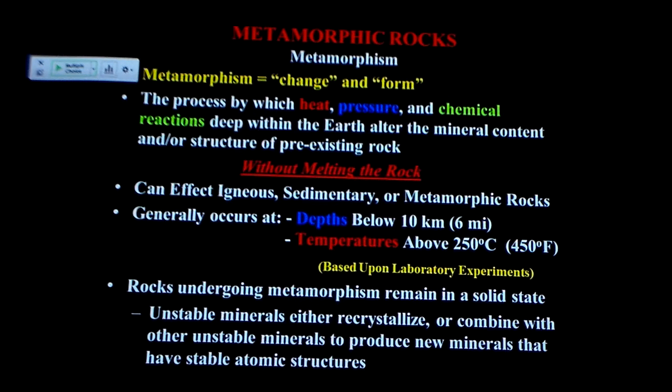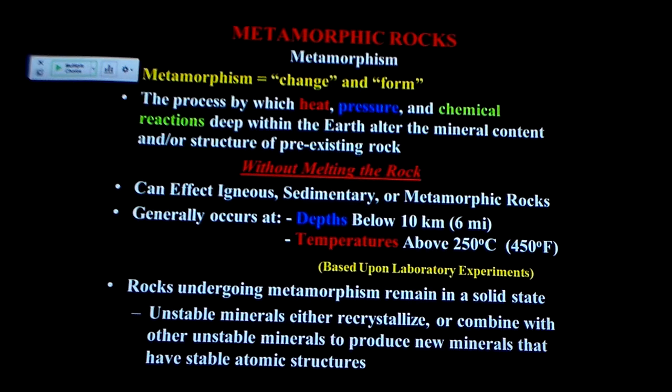And because we're talking about heat and pressure, we usually talk about things that are fairly deep within the Earth to get those kinds of elevated pressures and temperatures. In fact, for the most part, we're talking at depths of about 10 kilometers. That's about 6 miles below the surface.